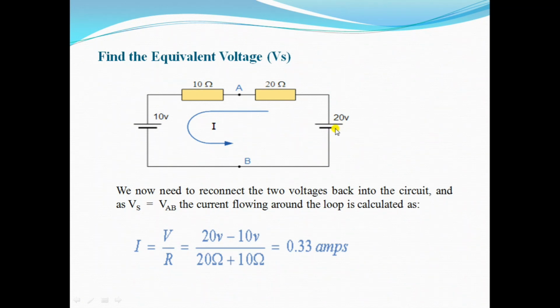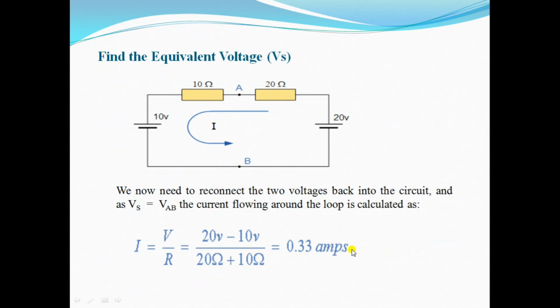I have to subtract the 10 volt from the 20 volt, that is 20 volt minus 10 volt, divided by the resistances, 20 ohm plus 10 ohm. Then I will get the value 0.33 amps.